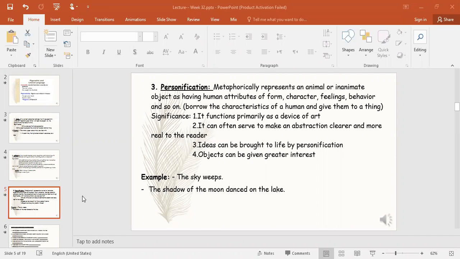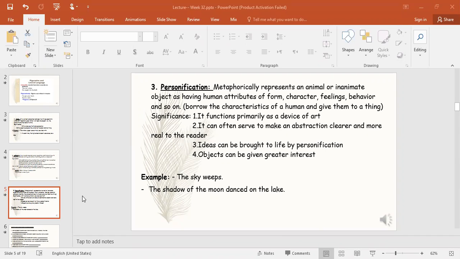The simile is a direct comparison between 2 things or 2 people or 2 places, which are unalike, but they resemble each other in a certain way. Okay?